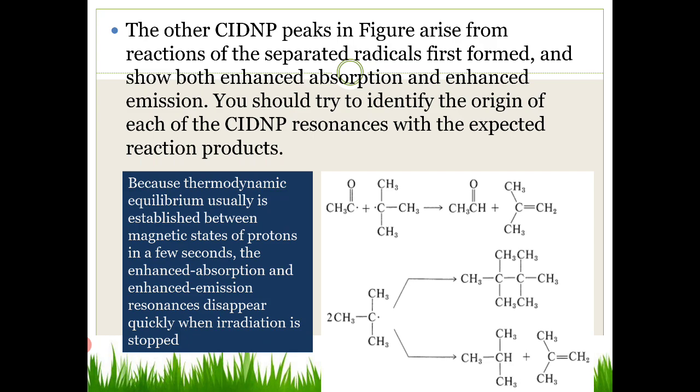Because the thermodynamic equilibrium usually is established between the magnetic states of the proton in a few seconds, the enhanced absorption and enhanced emission resonances disappear quickly when the irradiation is stopped. So once the irradiation happens, the thermodynamic equilibrium is set up within a few seconds.